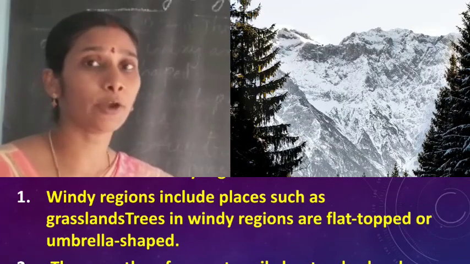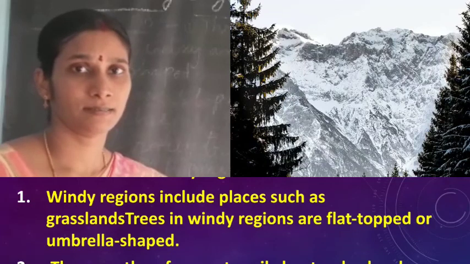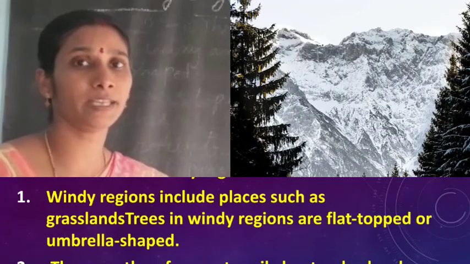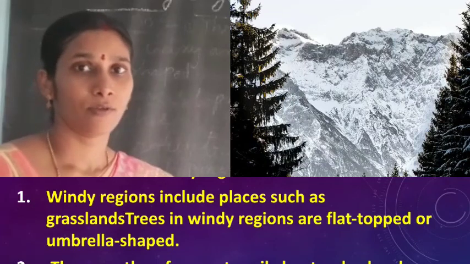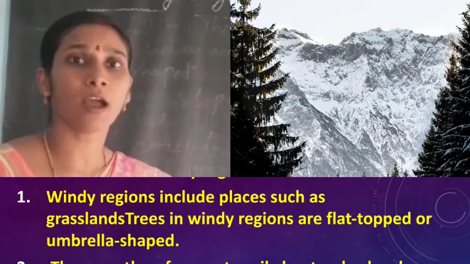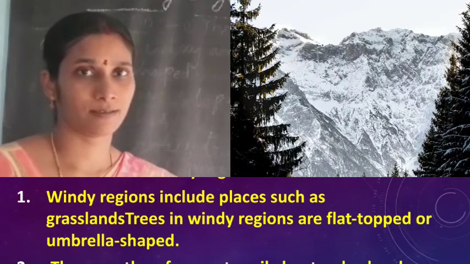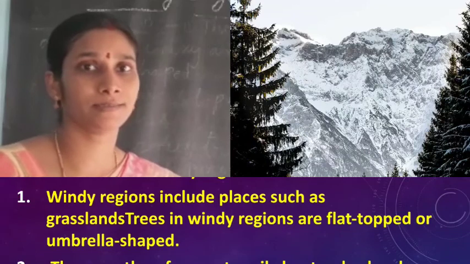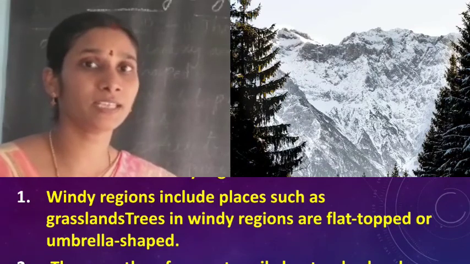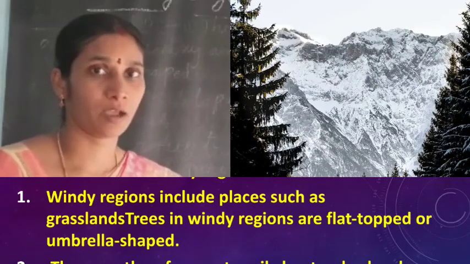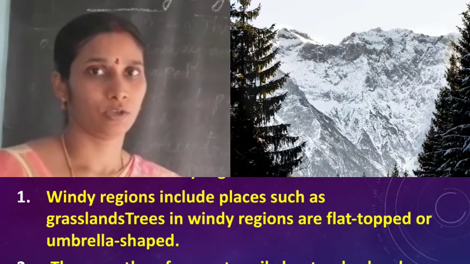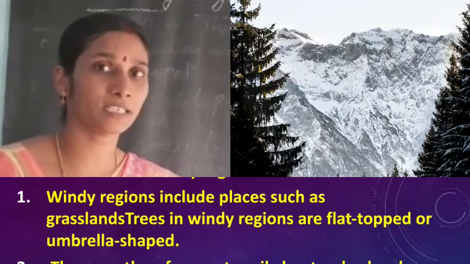So what are the adaptations? Plants that grow in windy regions are flat topped or umbrella shaped. Umbrella shaped trees can be observed in these windy regions. Why do they have umbrella shaped trees?